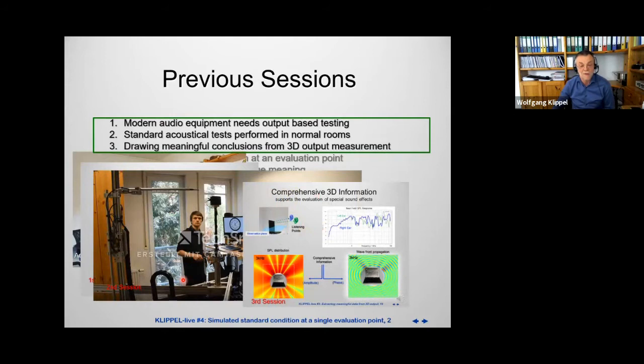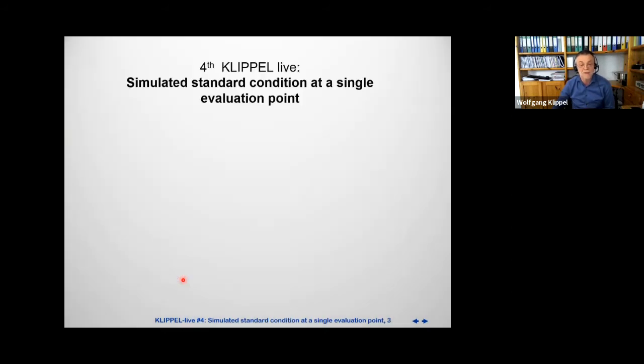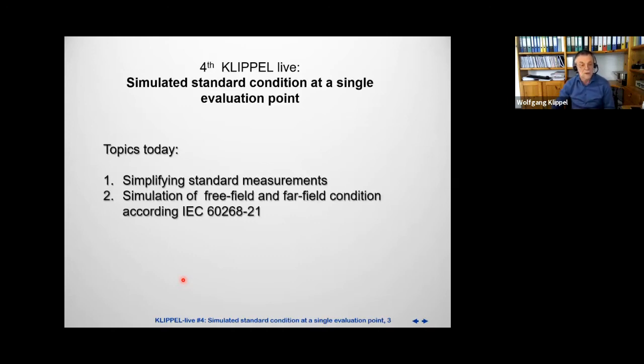Now we have everything together to use this data to generate a simulated standard condition at one single point. What that means is that we would like to show that standard measurements can be performed in such a room, so we can simplify this by creating artificially free field and far field condition.